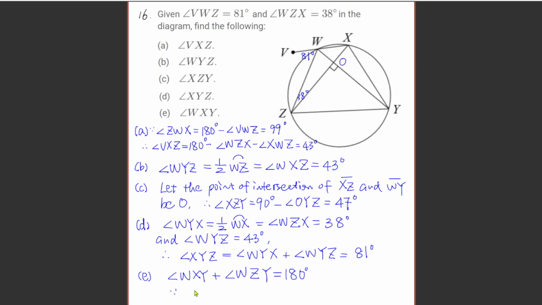And since angle WZY equals angle WZX plus angle XZY, which equals 85 degrees, we then have the following relationship. Angle WXY equals 180 degrees subtracted by angle WZY, right? And this gives us 95 degrees.